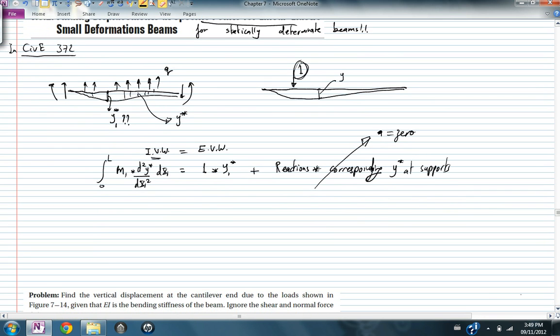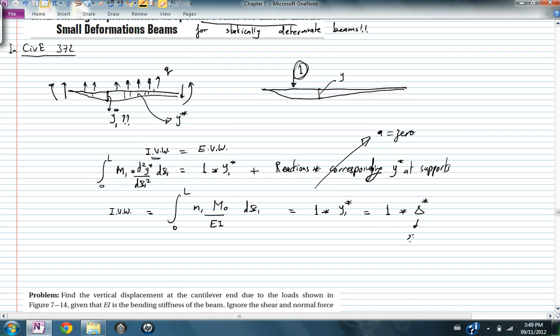And so you end up with the internal virtual work equal to the external virtual work, so the integral of m1, the second derivative of y star, which is basically what we call m0 over EI dx1 integrated from 0 to L, is equal to 1 multiplied by y1 star, which I'm going to call delta star.